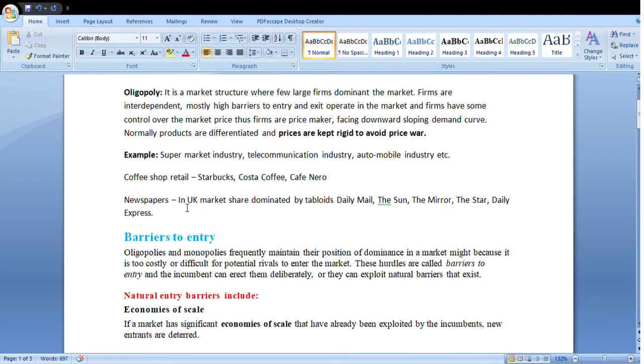But if we consider which few firms dominate the market and have most of the market share, it will be Samsung, iPhone, Vivo, Oppo, or Symphony. There will be 3 to 7 firms that dominate the market. So this is the structure of the oligopoly market.